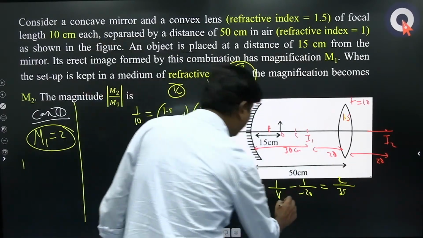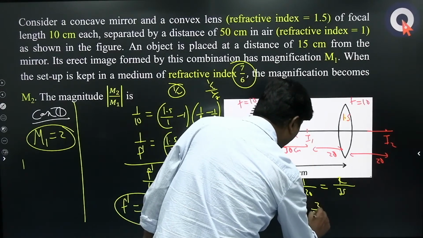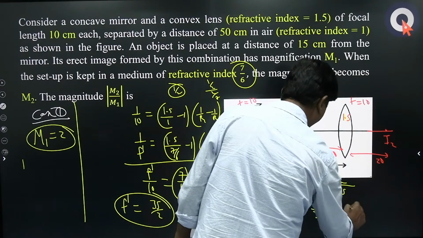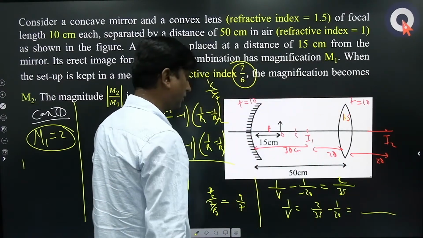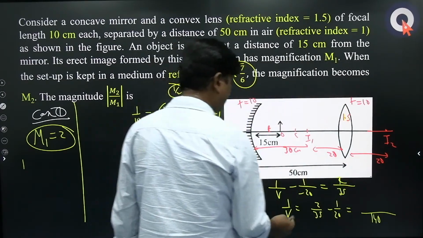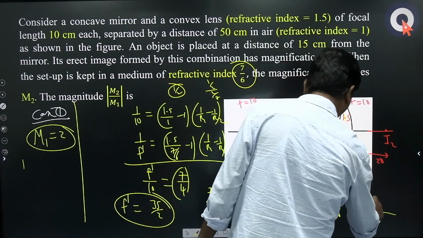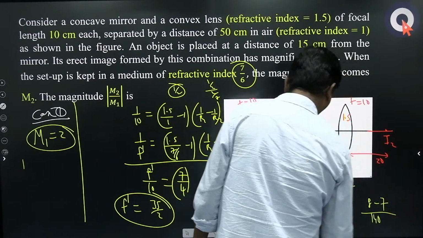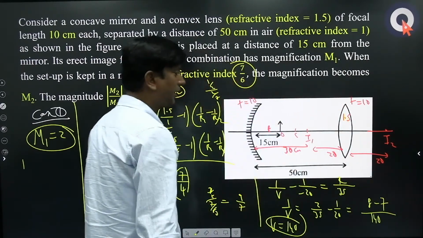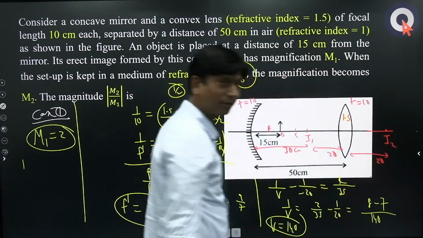So 1 by V will become 2 by 35 minus 1 by 20. So just check it. 1 by 140. So V will be 140. Second time the image will become 140.